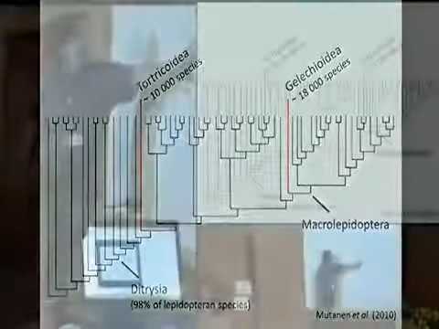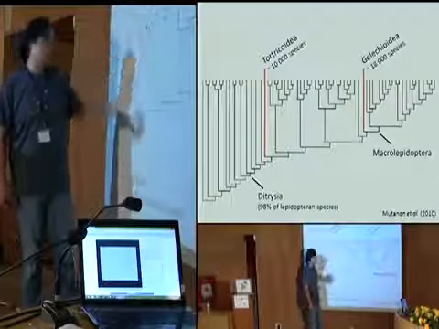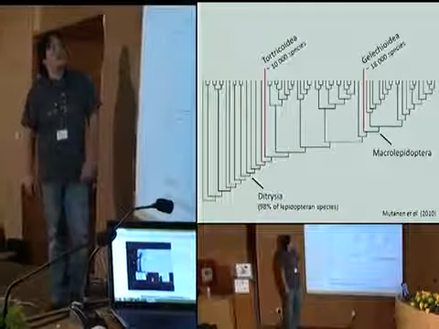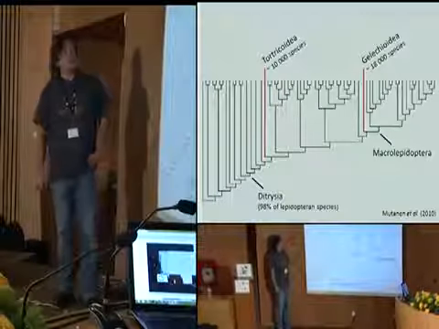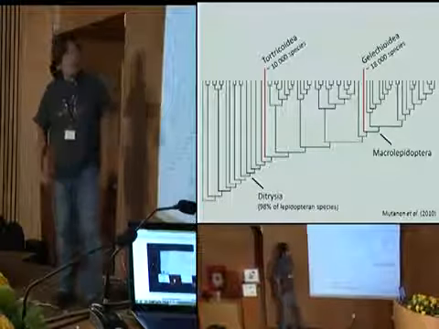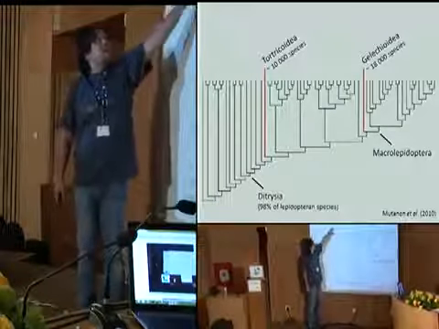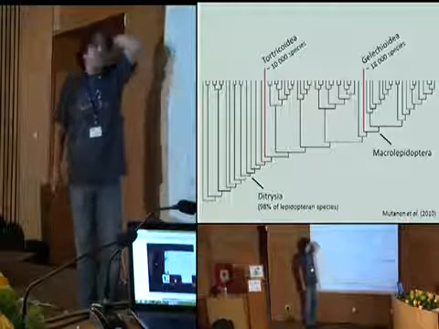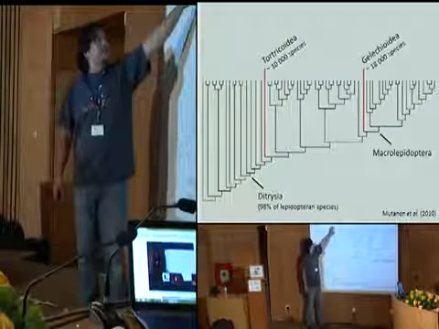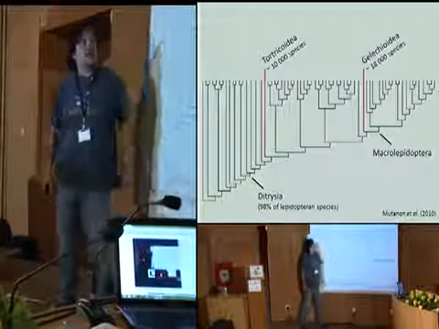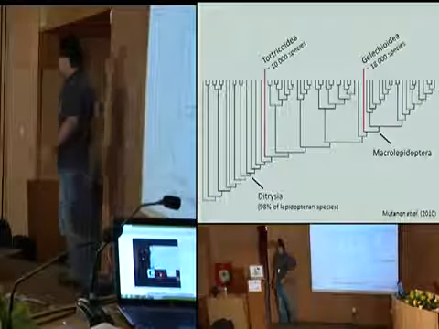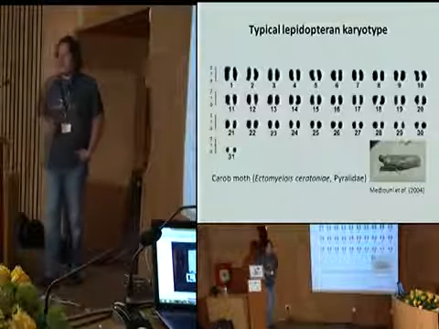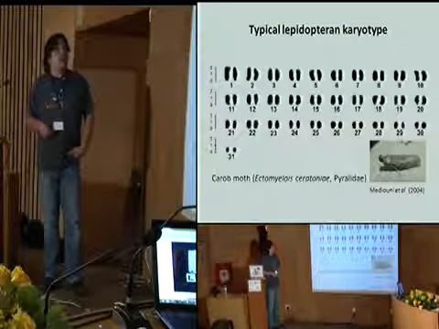These primitive or basal lineages are then called lower Ditrysia or Apoditrysia, and I will talk about two superfamilies, the most diverse superfamilies in the lower Ditrysia, the Tortricoidea superfamily and the Gelechioidea superfamily. First, I should give you a brief introduction to Lepidopteran cytogenetics.